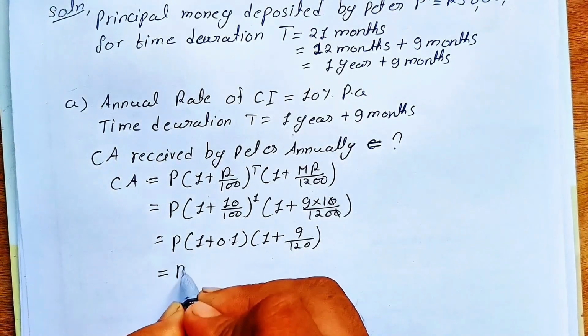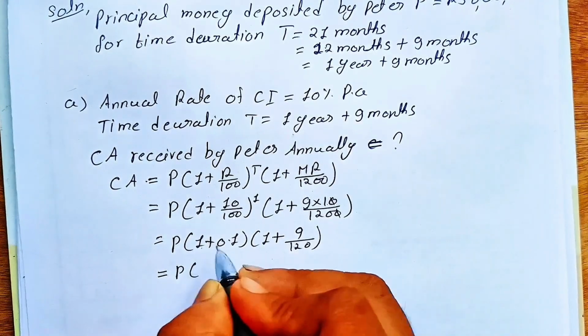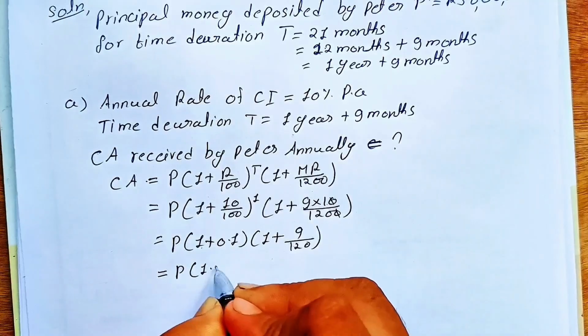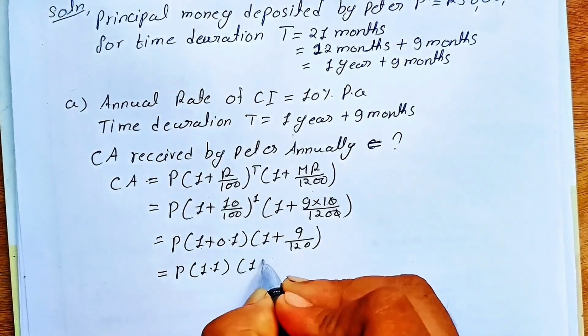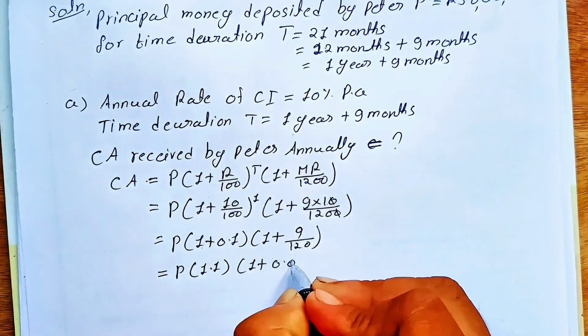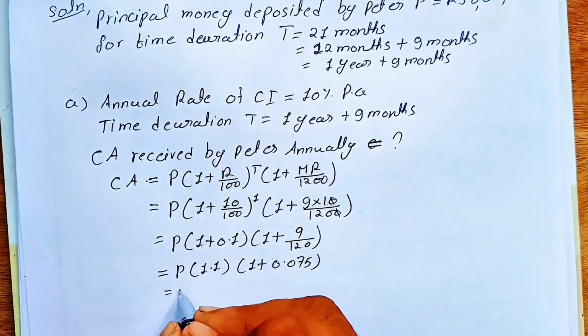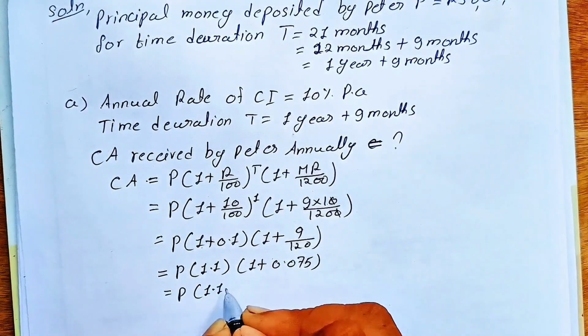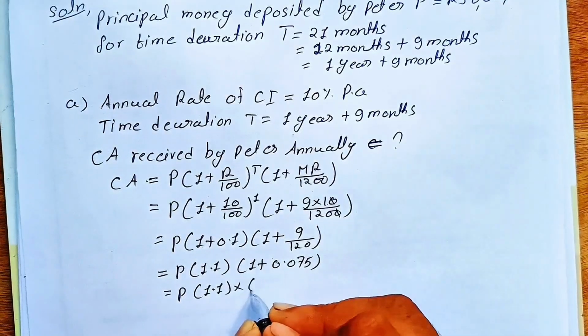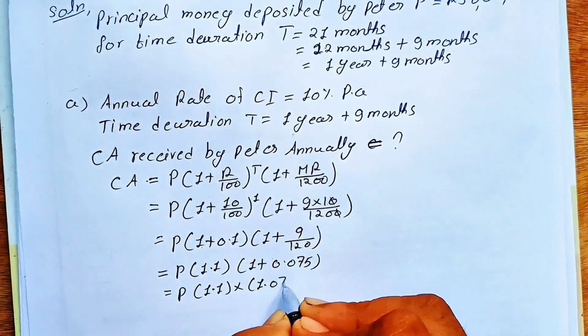So P times the sum of 1 plus 0.1 becomes 1.1, and 1 plus 0.075 gives 1.075. So 1.1 into 1.075.